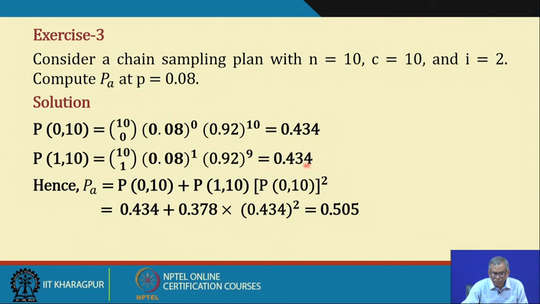Its value is different, so you just compute this value. Hence the probability of acceptance from this term is 0.378. So ultimately the probability of acceptance is 0.434 plus 0.378 times 0.434, which equals 0.505.